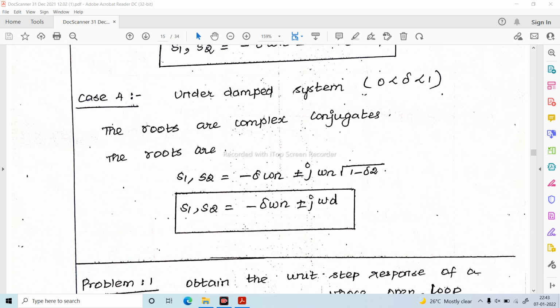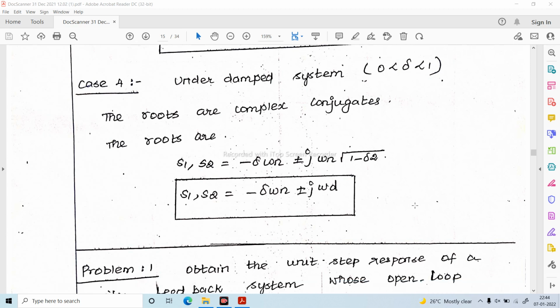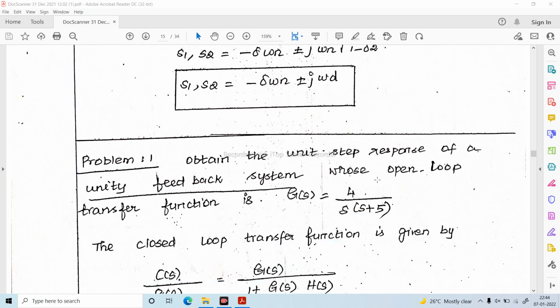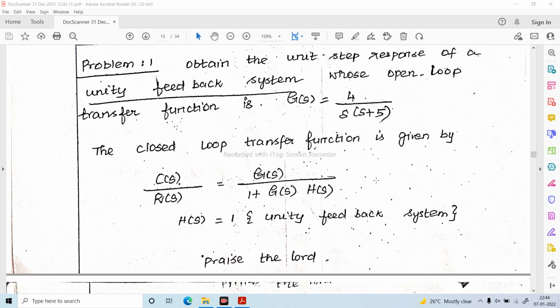So s1, s2 equal to minus delta omega n plus or minus j omega d. That's all. These are the different types of system with respect to different values of damping coefficient. Next, we are going to see the problems.